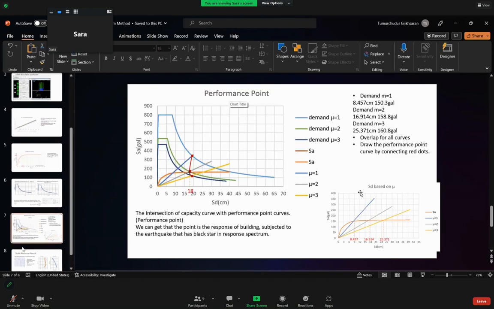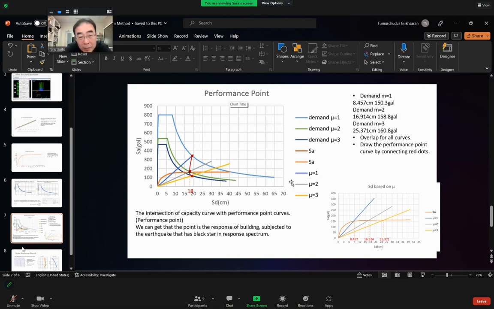And second, this is the performance point. At this point, the response spectrum demand is for the damping ratio of 5% with the ductility factor M1.